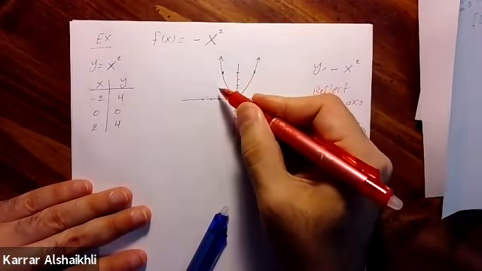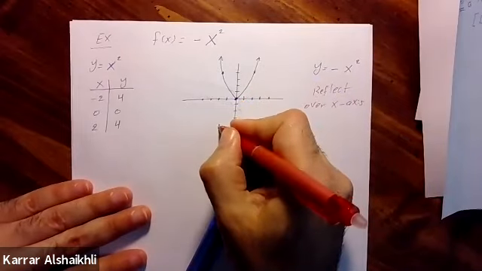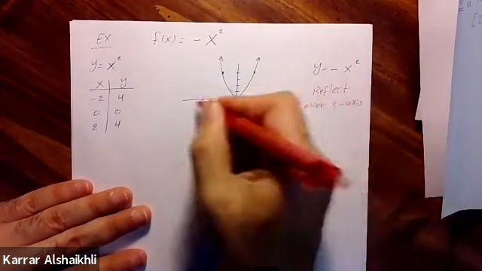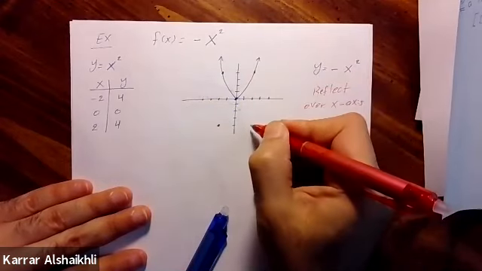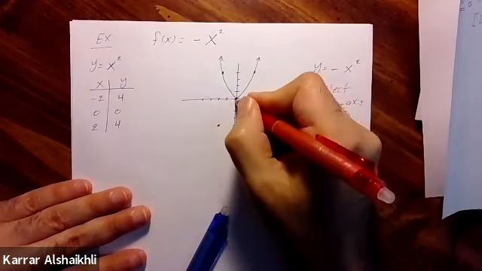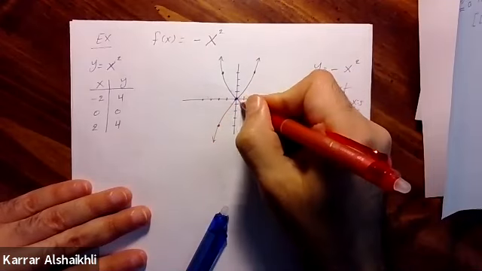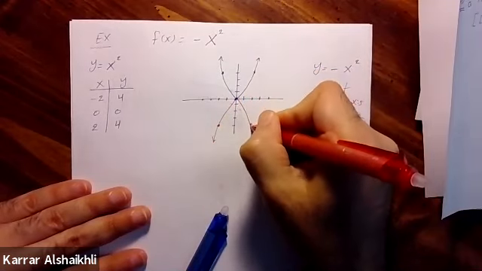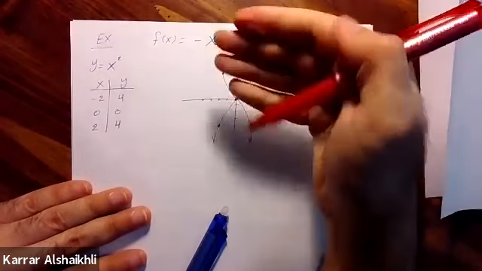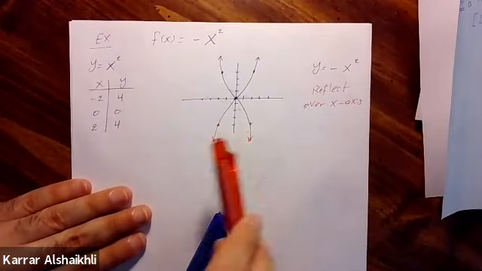I'm going to take this point and reflect it on the other side, so it's going to be here. And this point reflected over the x-axis, you see, this is the x-axis, is going to be here. So the new graph is going to be on the other side, like this. That means this is a graph reflected over the x-axis. So the new graph is going to be like this.